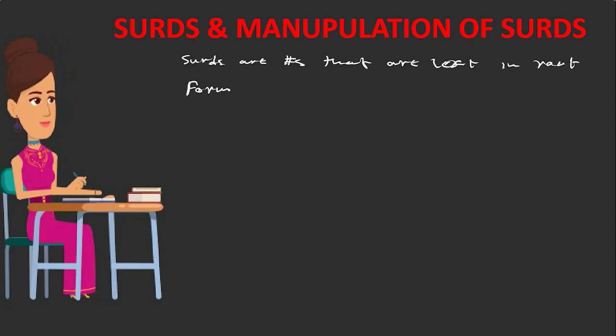When you talk of surds, they are numbers left in root form, such as square root a, where a is any real number which should not be less than 0.